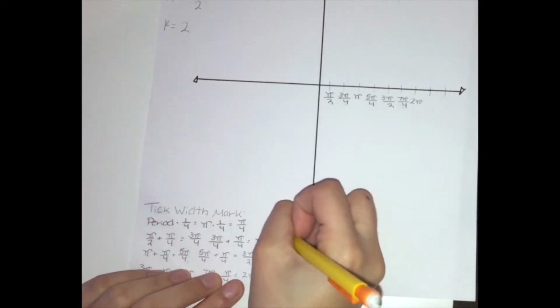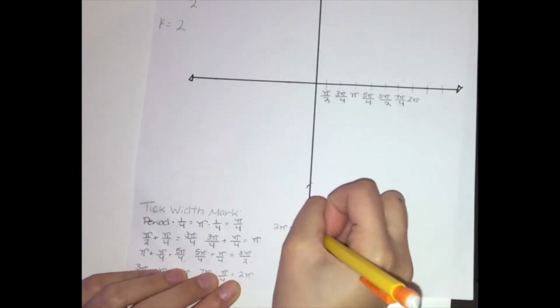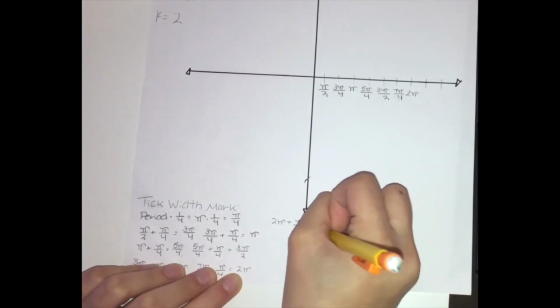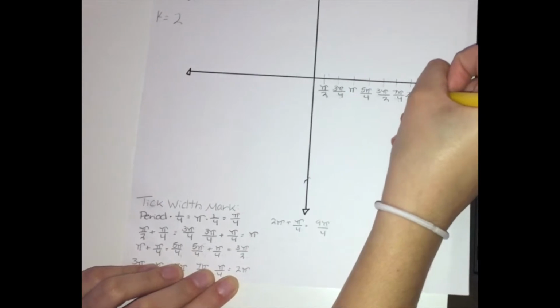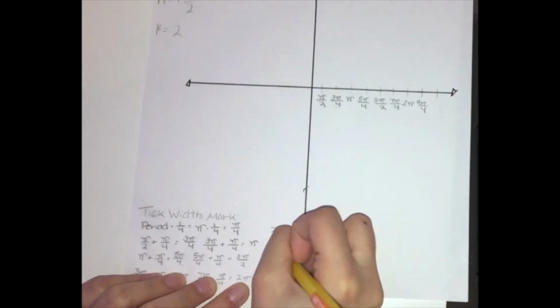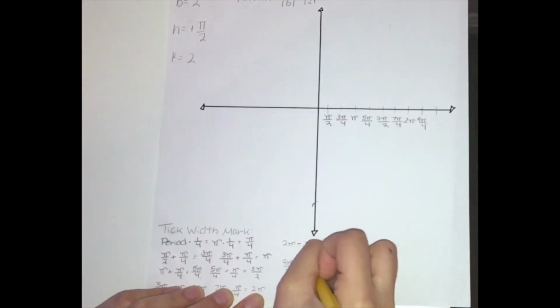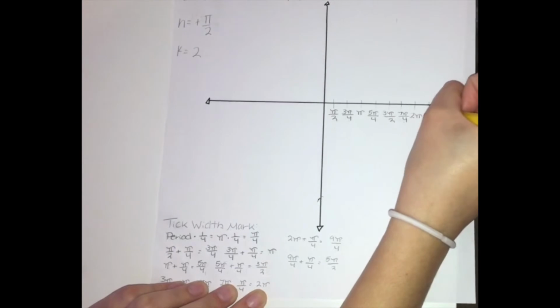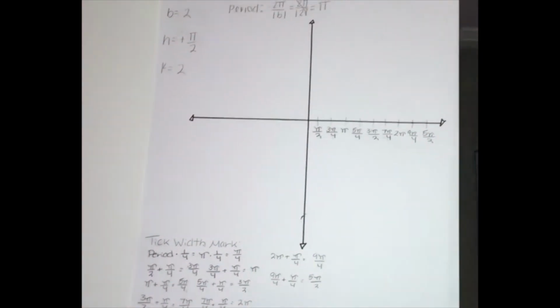And then you'll take 2 pi, add it to pi over 4, and get 9 pi over 4. And finally, you'll take 9 pi over 4 and add it to pi over 4 to get your last tick mark of 5 pi over 2. And this shows where your entire sine graph is going to end.